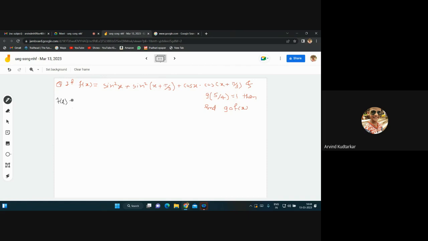Using the same steps, f of x is sine square x plus sine of x plus pi by 3 whole square, plus cos of x into cos of x plus pi by 3.